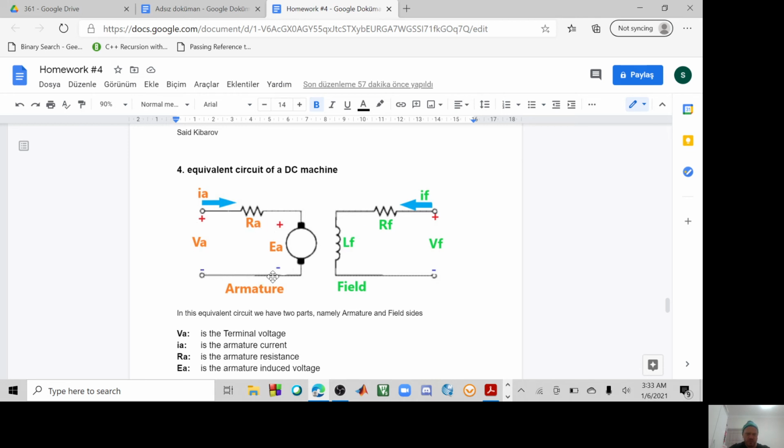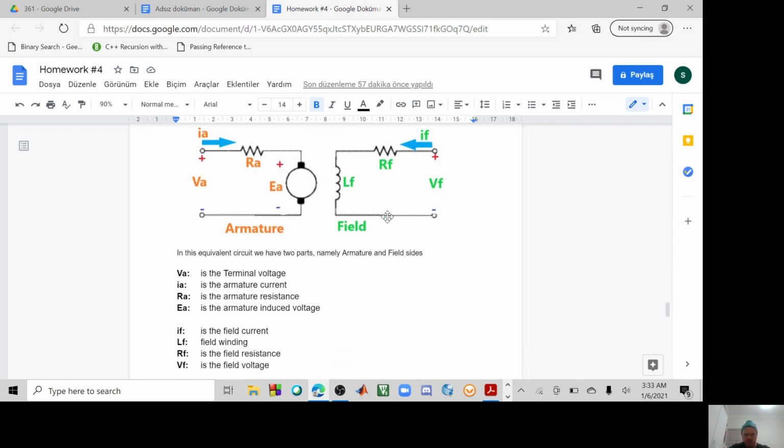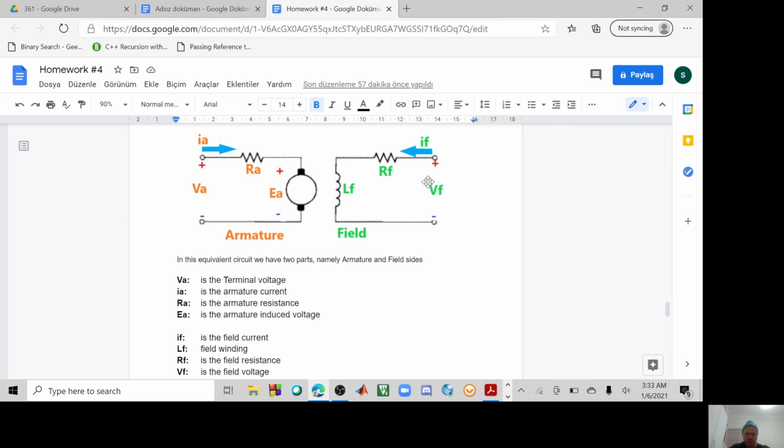Let's start with the armature side. In the armature side, we have the terminal voltage, the armature current, the armature resistance, and also the armature induced voltage. On the right hand side, the field side, we have the field winding, field resistance, field voltage, and of course field current.